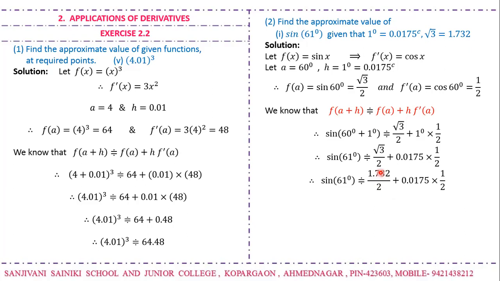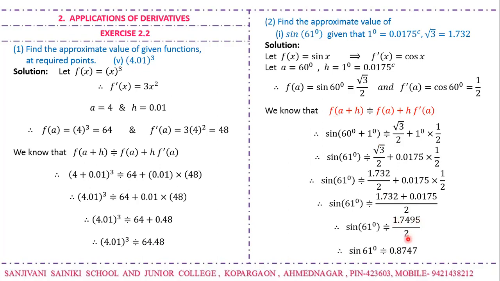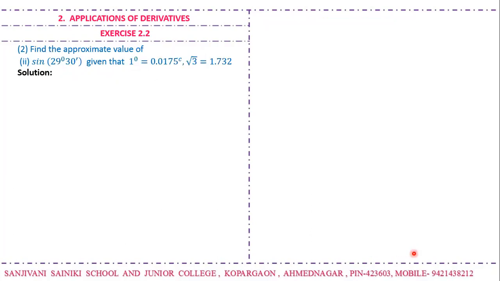Here the denominator is 2 and in this case also denominator 2. So we will take addition of the numerators only, and then finally we will divide the numerator by 2 to obtain the value of sine 61 degree, and it comes to be 0.8747.